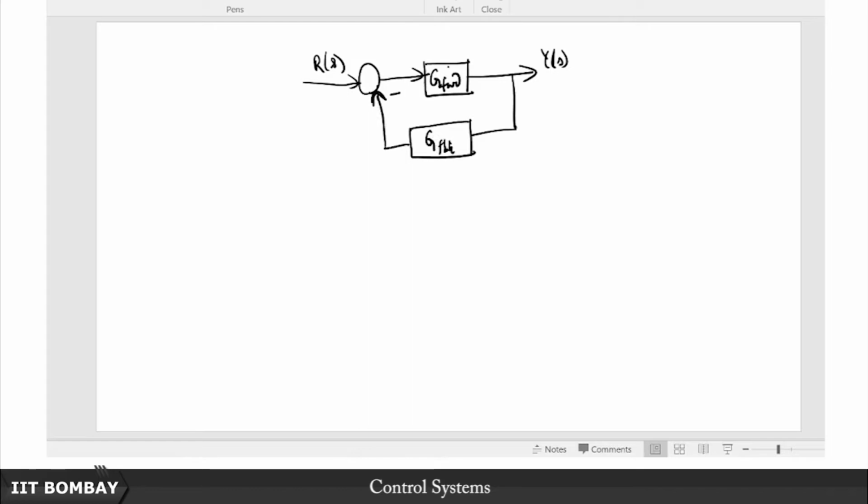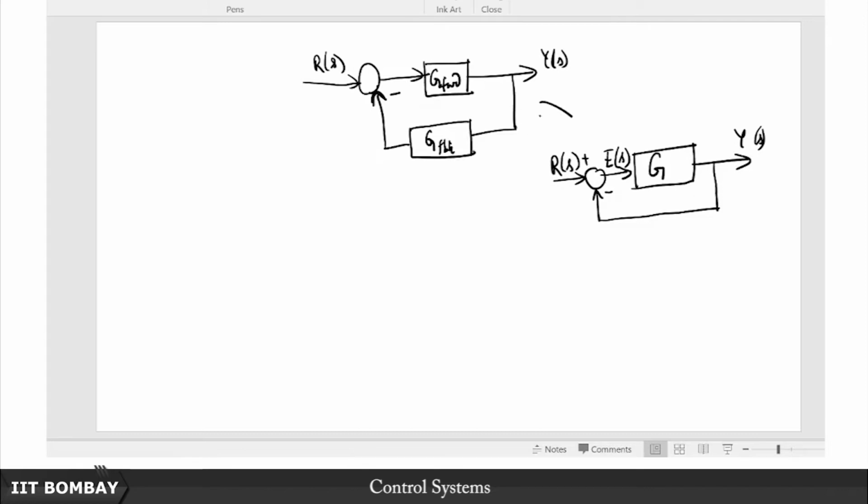So let us say we have already managed to get it in this form, but we actually want to see it in the following form: some effective g like so, the same y here, and this E, which is of crucial importance to us, because this E is basically going to tell us what the difference between the reference input and the output is. So that is why we want to get from this configuration 1 to this configuration 2. How do we do that?